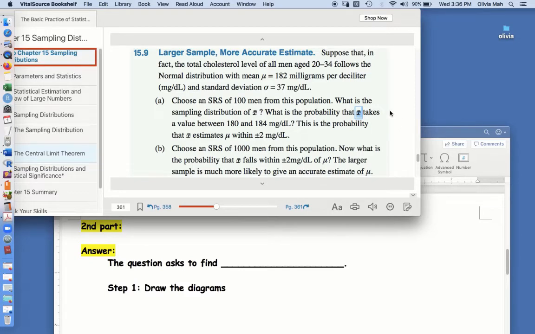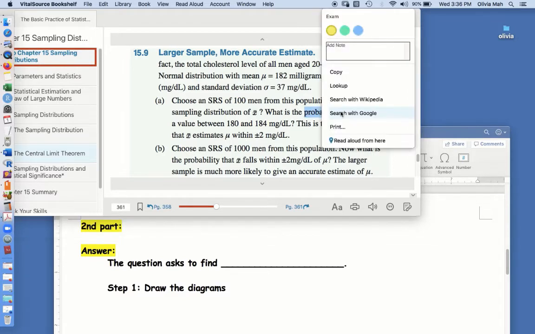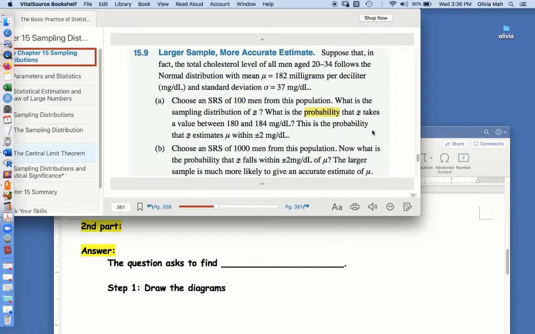Next, we will do the second part of subpart A. So the second part asks the probability that a sample mean takes on a value between these two numbers. So basically, in real life, we usually only take one sample.